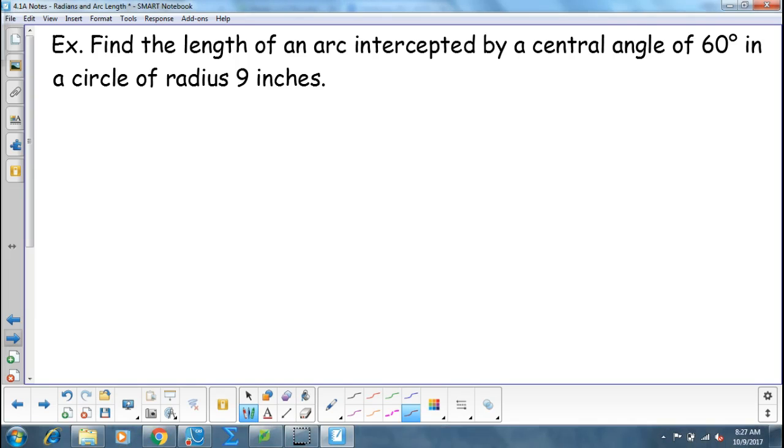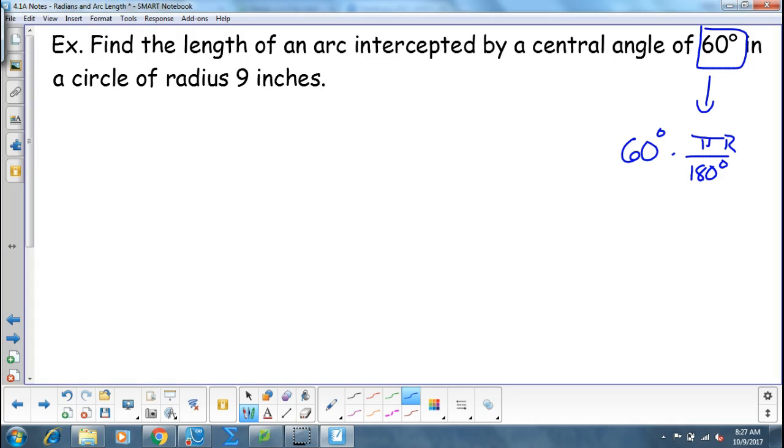So we've got theta over here, but what's wrong with theta? Theta is in degrees, not radians. So the first thing that we need to do is go 60 degrees times pi over 180, or pi radians over 180 degrees.